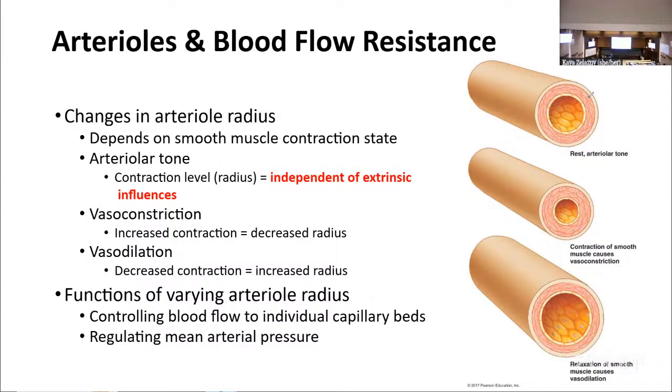Okay. Now, the radius of an arteriole depends on how contracted the smooth muscle is. So we're thinking about the smooth muscle as like a ring, okay, around. So think like a kind of sphincter situation that we can contract. And when we contract it, the ring gets smaller. When we relax it, when we dilate it, the ring gets bigger. Okay?